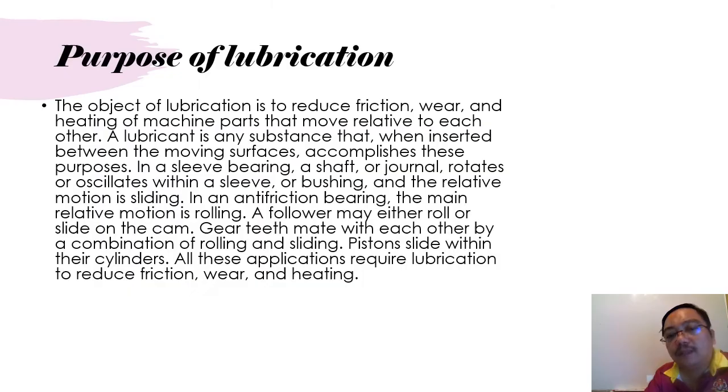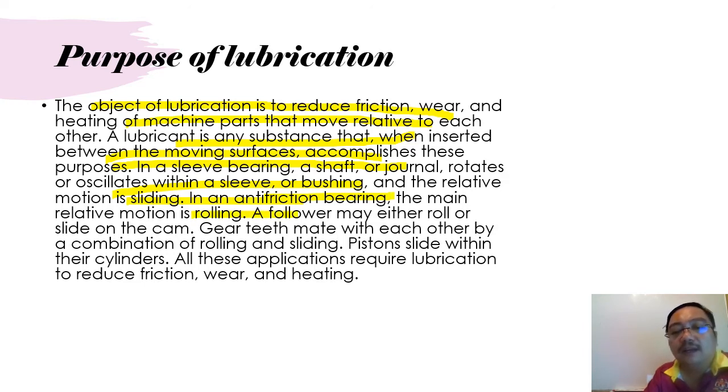And the purpose of lubrication. The object of lubrication is to reduce friction, wear, and heating of machine parts that move relative to each other. A lubricant is any substance that, when inserted between moving surfaces, accomplishes this purpose. In the sleeve bearing, the shaft or journal rotates or oscillates within a sleeve or bushing, and the relative motion is sliding. In anti-friction bearings, the main relative motion is rolling.